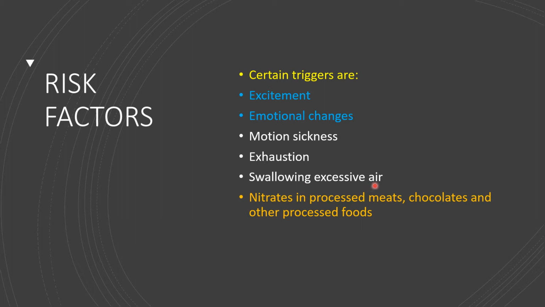Some can do that intentionally, but if you do that intentionally and you are a migraine sufferer, then you are going to tilt yourself into an attack. Nitrates in certain processed foods like processed meat, chocolate, and other processed foods that have nitrates in them, that could trigger your migraine headache attack.